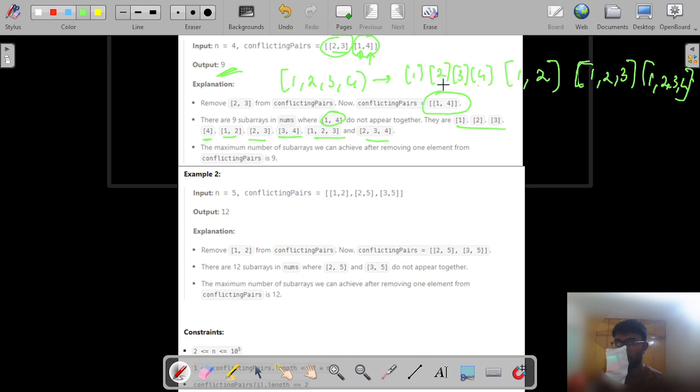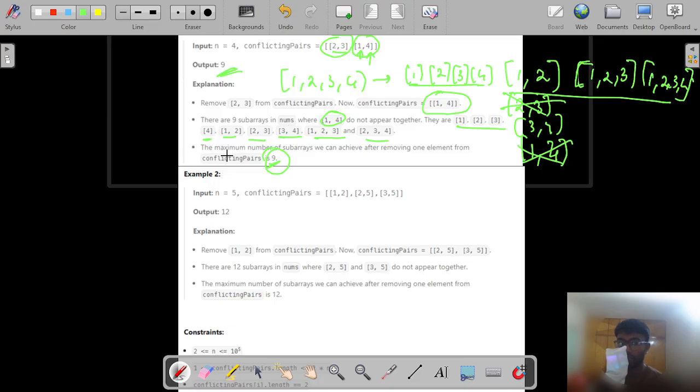Here if you see we have 4 of these, and the values that do not contain both 1 and 4... So we need to exclude this pair, which will leave us with 4 plus 3 is 7, plus 2 is 9. Similarly, if we are excluding [2, 3], then also we would be left with 9. So removal of either of these conflicting pairs will result in a maximum of 9 subarrays, right? So that's the whole idea.